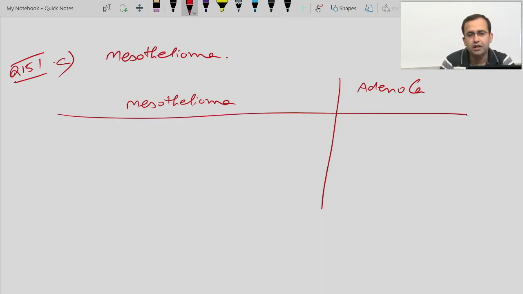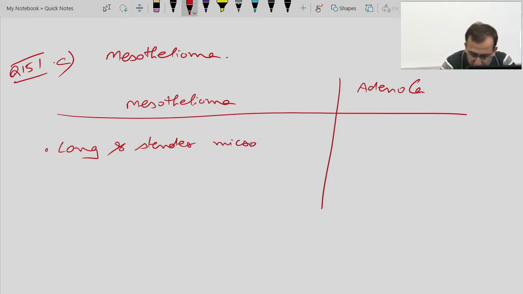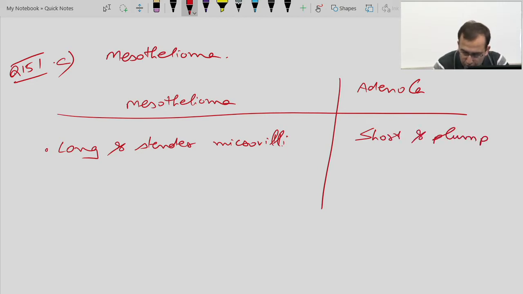Mesothelioma shows the presence of long and slender microvilli. This was what was given in the paper. The microvilli were long and slender, versus the short and plump microvilli of adenocarcinoma.